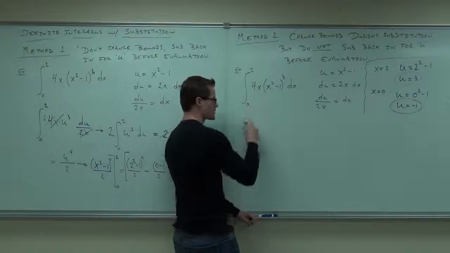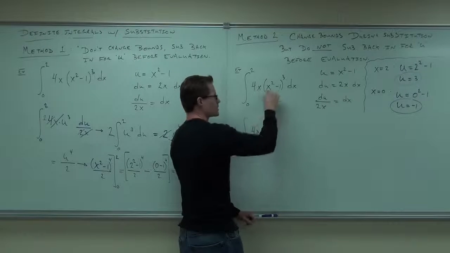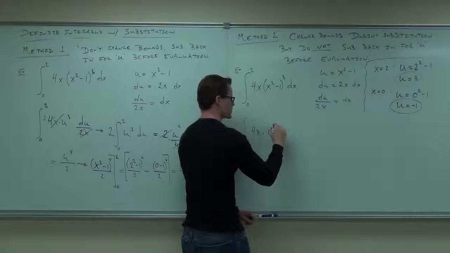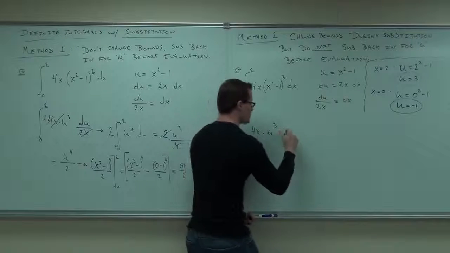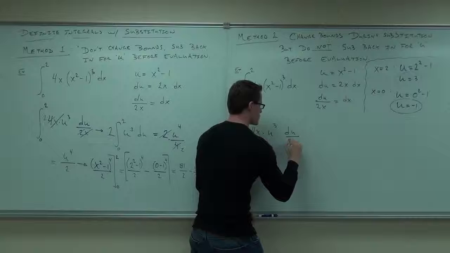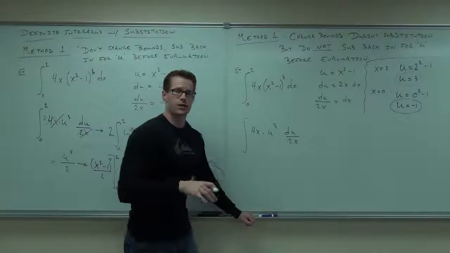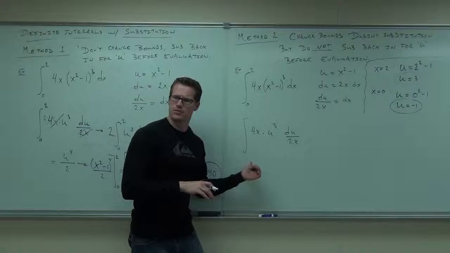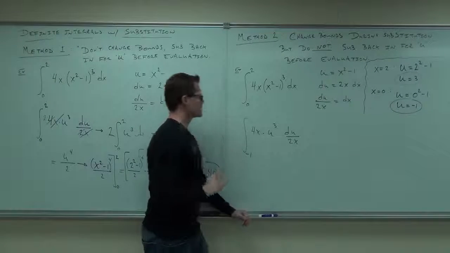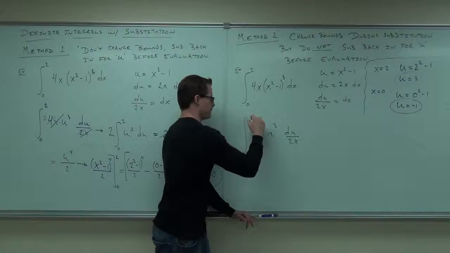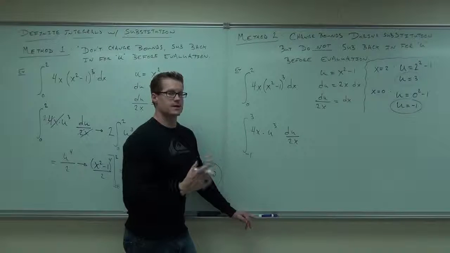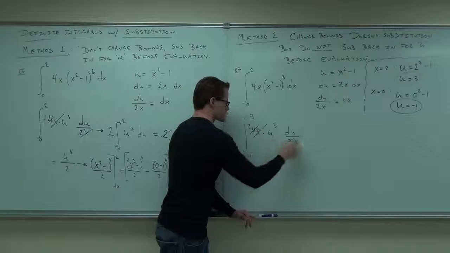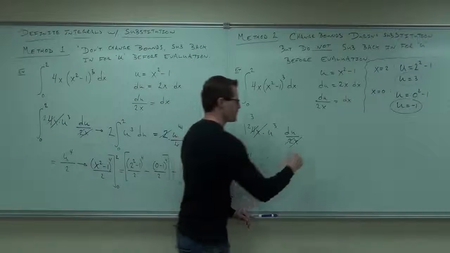So let's do it. Do we still have the 4x? Of course. Do we still have x squared minus 1? Of course not. That was our u. Notice how it's going to look exactly the same as the previous problem. du over 2x. The only thing that's going to be different is what? What did the 0 become? What did the 2 become? 3. It's going to be done the same way. 2 is gone. x is gone.